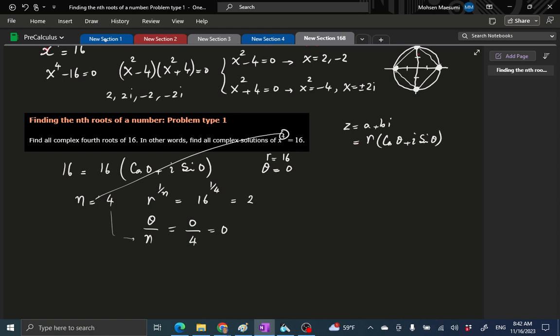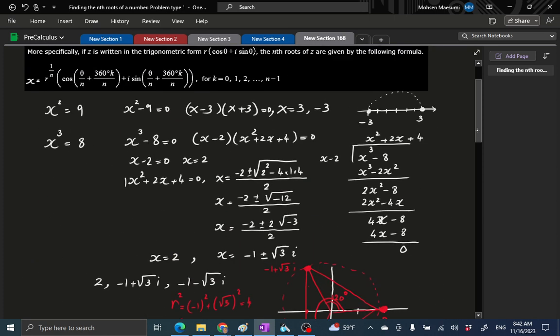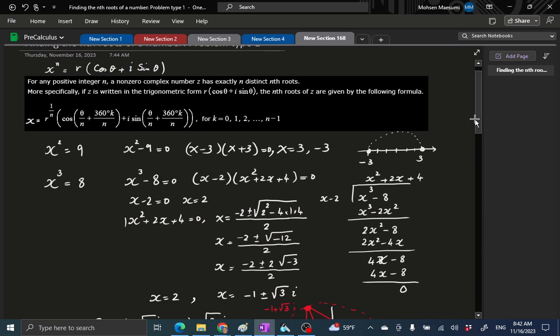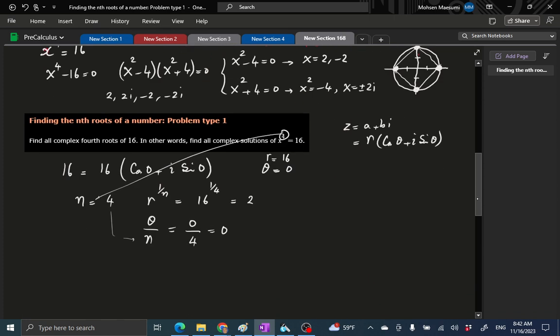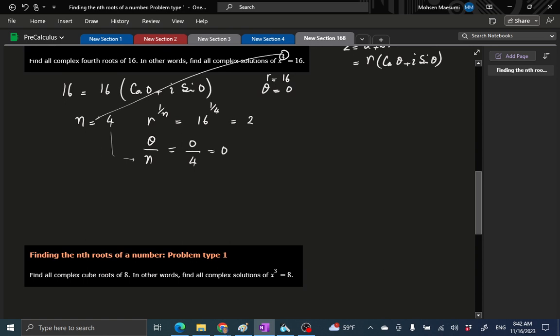Then, depending if you want radians or degrees, pretty much it looks like all these problems are asking you in degrees. We take 360, divide that also by n. So 360 divided by 4 is going to be 90 degrees.